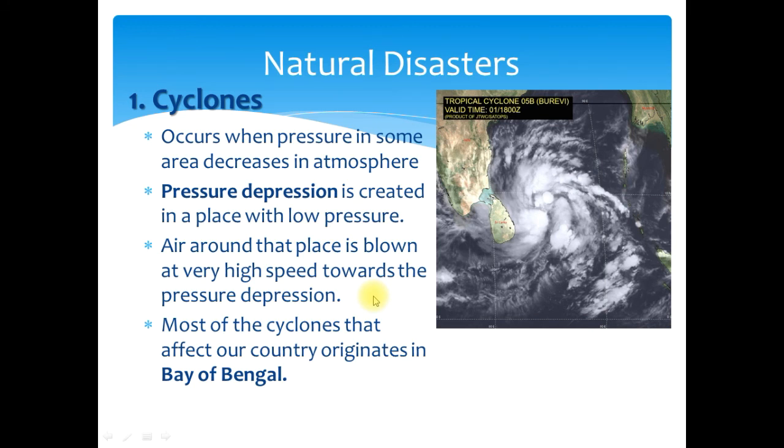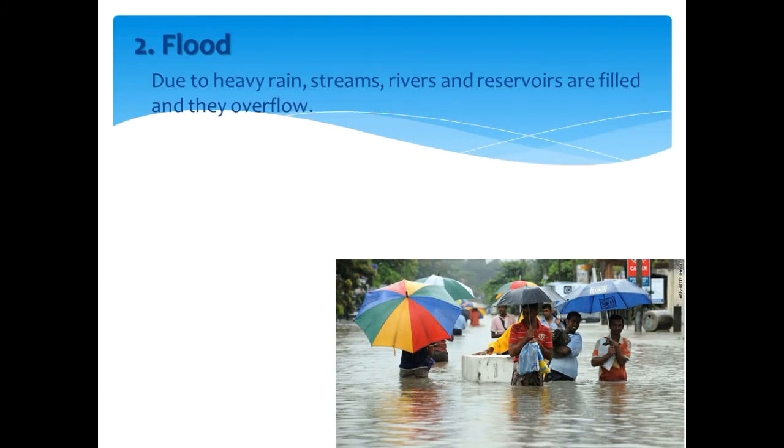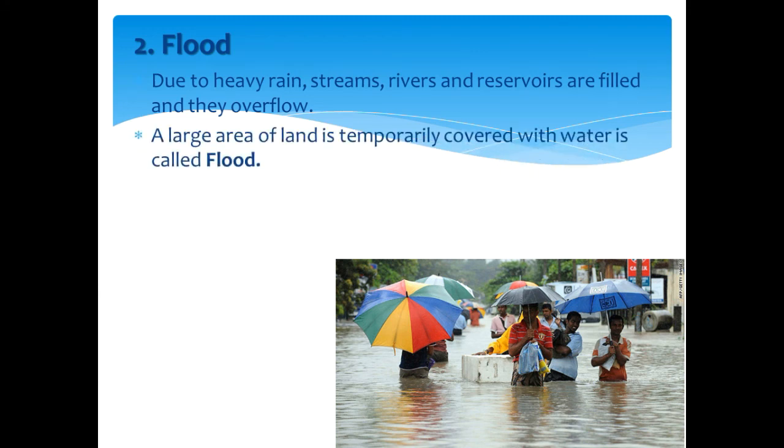Most of the cyclones that affect our country originate in the Bay of Bengal. Flood. Due to heavy rain, streams, rivers and reservoirs are filled and they start to overflow. A large area of land temporarily covered with water is called a flood.